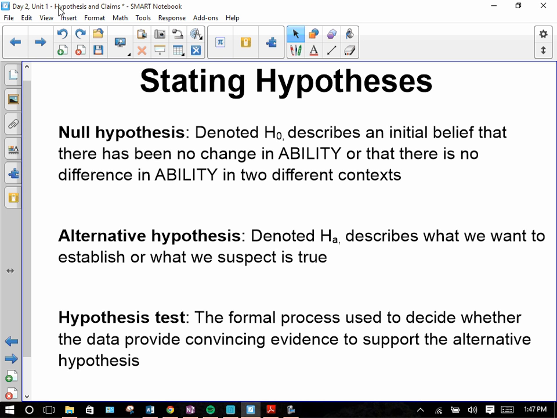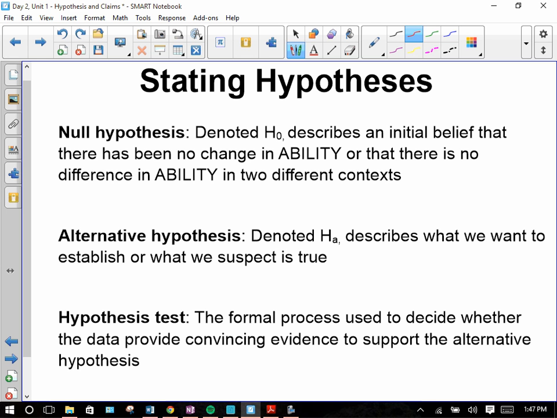You're going to have your null hypothesis. When you talk about claim one, this is claim one. This is what you start off, you assume this is true. Denoted H sub 0, it describes an initial belief that there has been no change in ability, or that there's no difference in ability in two different contexts.